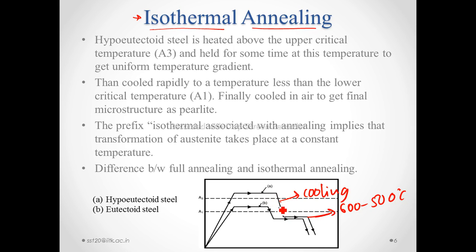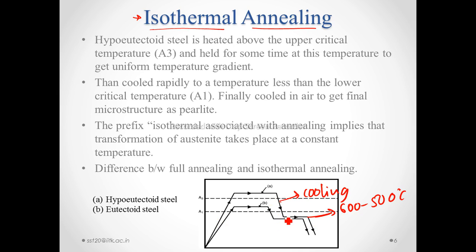This can be achieved by transferring the sample from one furnace to another furnace at a temperature of 500 to 600 degrees Celsius. Initially, it was above the upper critical temperature, then it should be below the lower critical temperature.